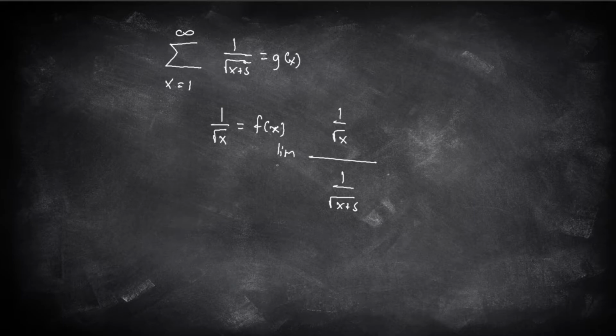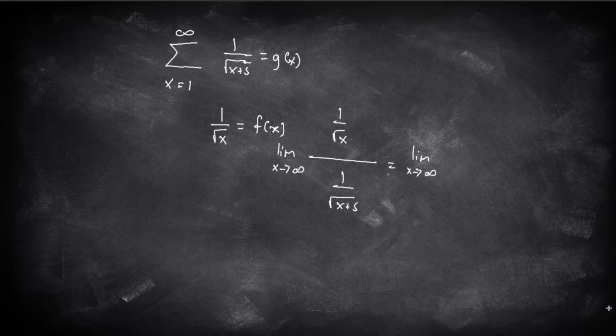And let's call this one our f of x, and let's call this one our g of x. It doesn't really matter. You can assign either to each, but I like the easier one on the top. And on the bottom is 1 over square root of x plus 5. And then we take the limit as x approaches infinity.